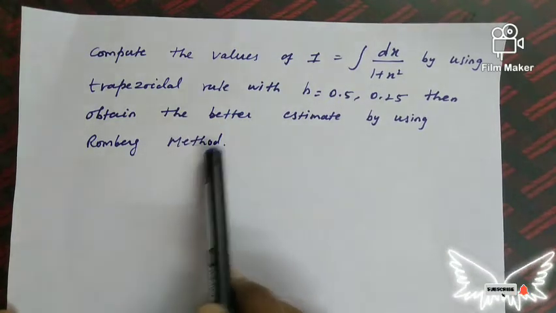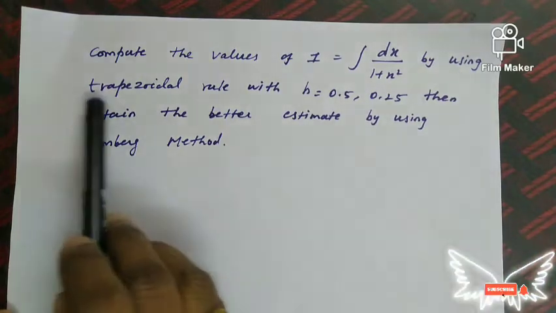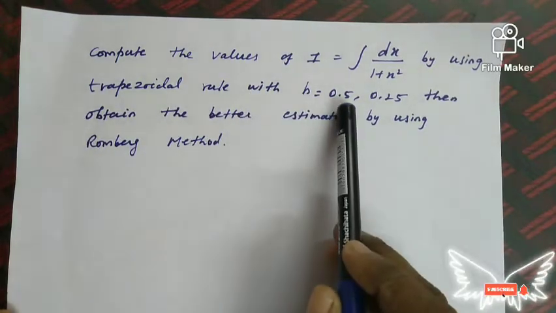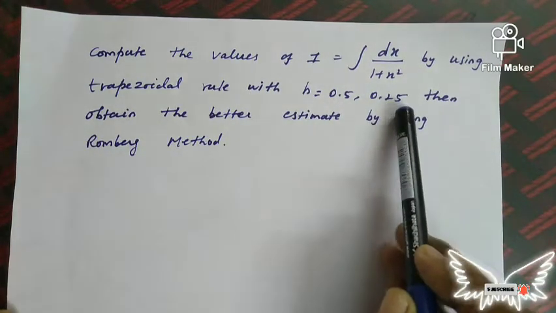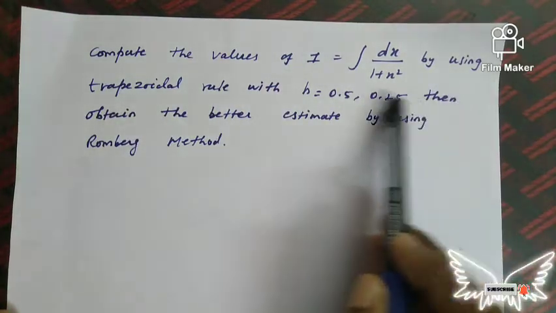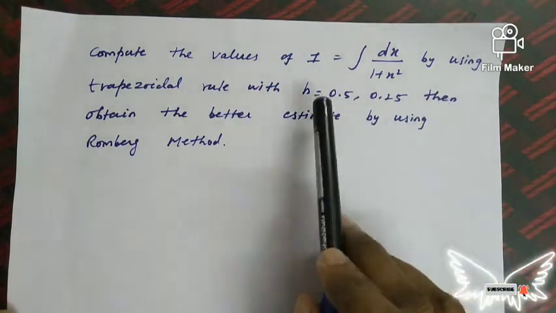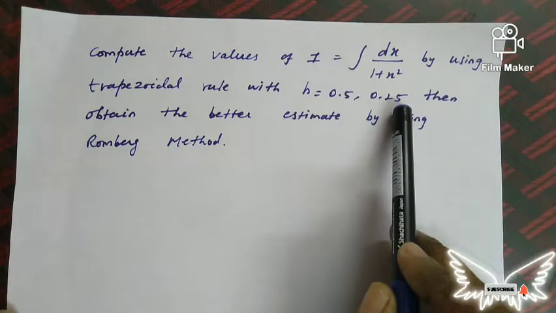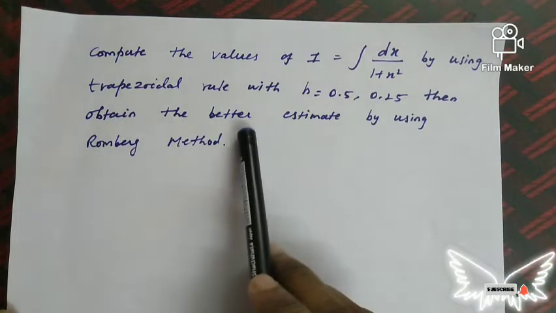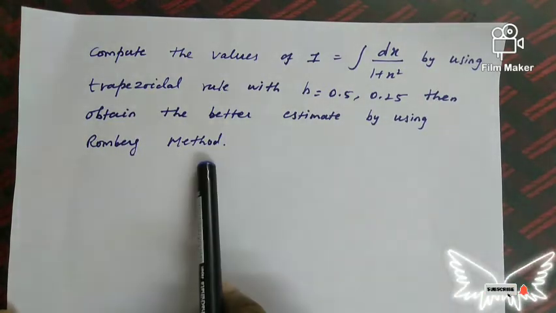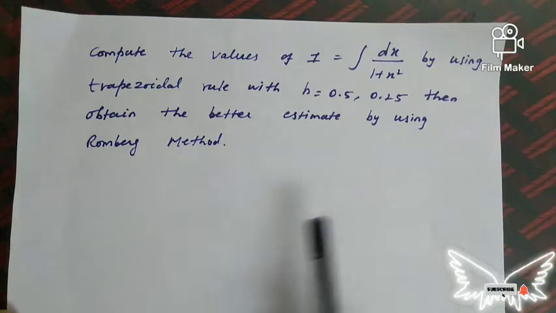In this question they have mentioned using trapezoidal rule with h is equal to 0.5 and 0.25. So first we have to use trapezoidal rule and find the values for h 0.5 and 0.25. Then we have to obtain the better estimate by using Romberg method. Likewise they will mention it in the question itself.